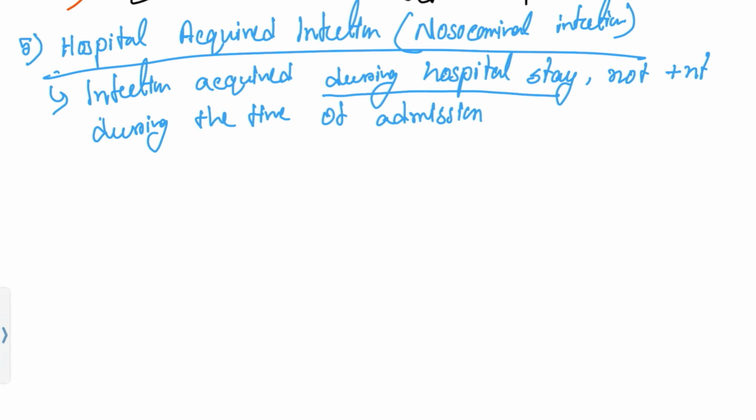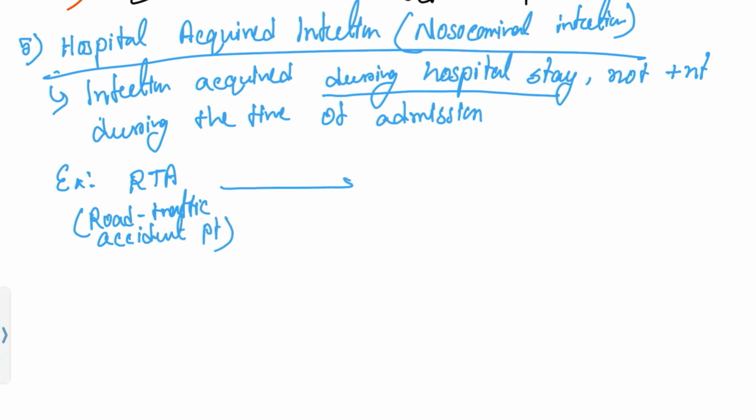Okay, so an example: a road traffic accident (RTA) patient came to you with a complaint of leg fracture. He came with the expectation that he will be undergoing surgery.